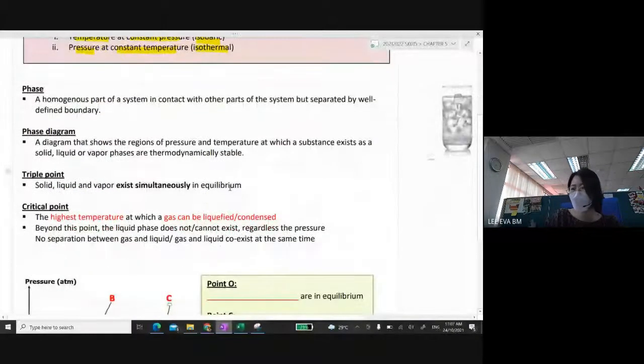Okay, so first of all, the term phase. The term phase refers to a homogeneous part of a system in contact with other parts of the system, but separated by a well-defined boundary. So here are the keywords for a phase. Awak akan nampak satu boundary yang sangat clear.